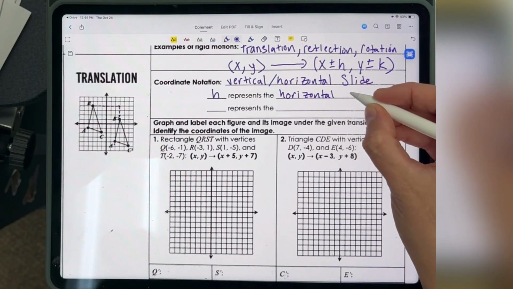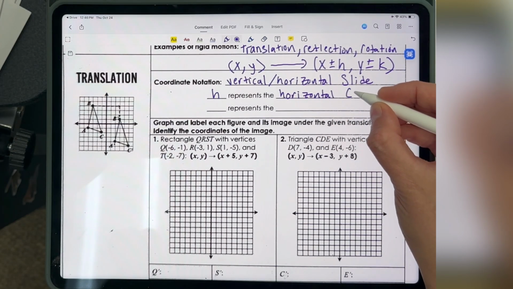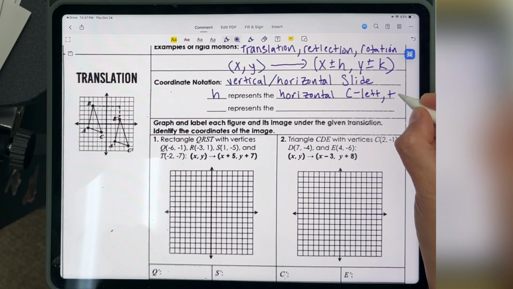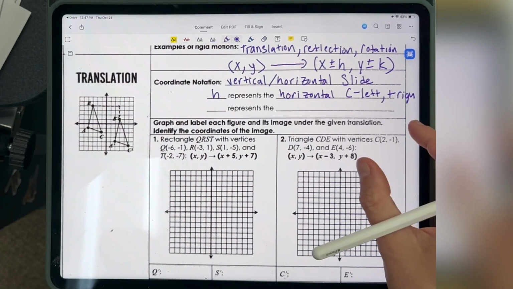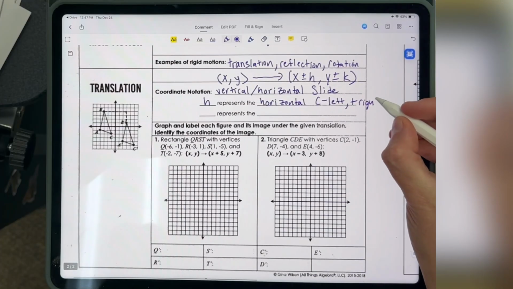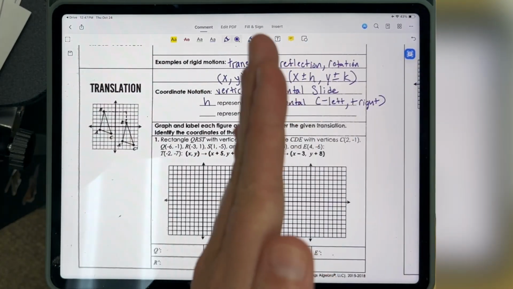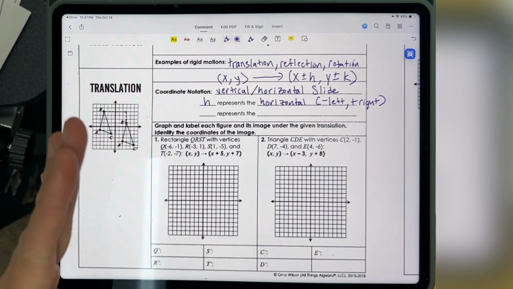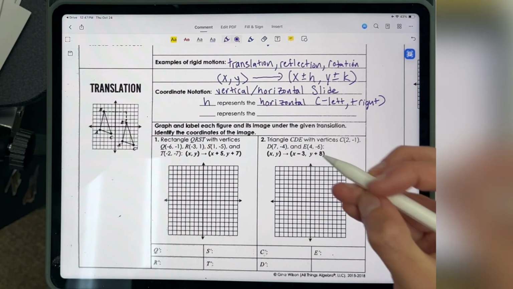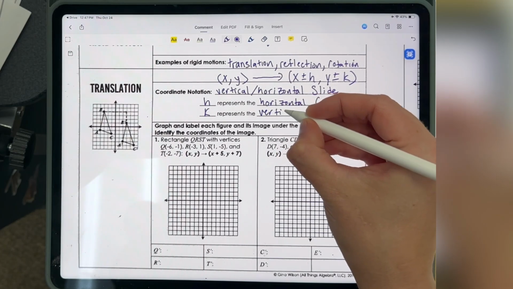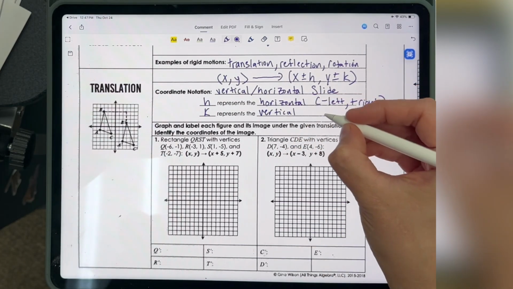So minus is left, plus is right. We're going to have to zoom out a little bit. So if you add to the x, you're going to go to the right. If you subtract, you're going to go to the left. K is the vertical shift.